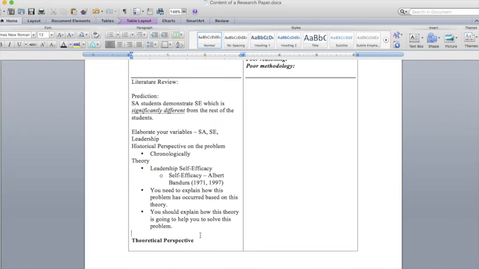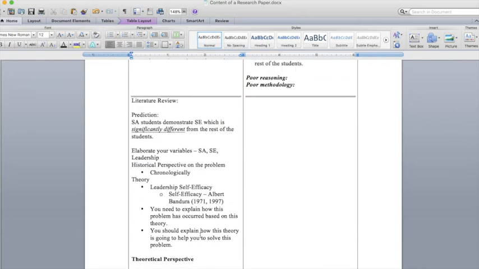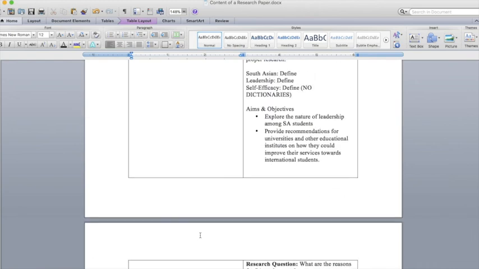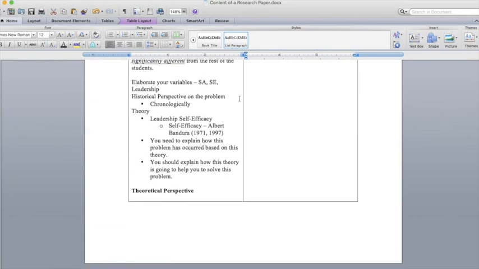And if these are the problems that you have documented, you still need to find a theory to explain what leadership is. So, if you define leadership here, make sure your definition of leadership and definition of self-efficacy aligns with the theory that you are mentioning here.